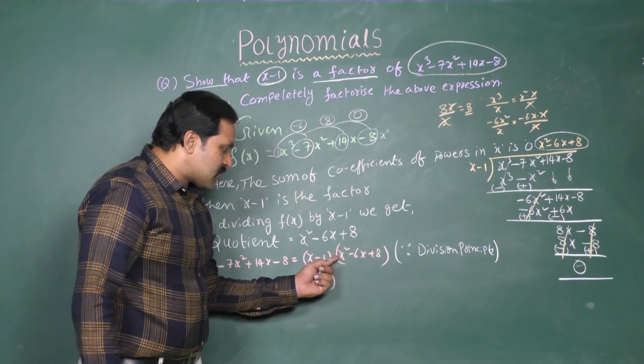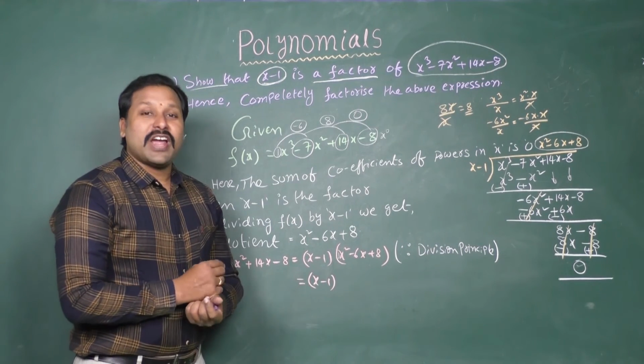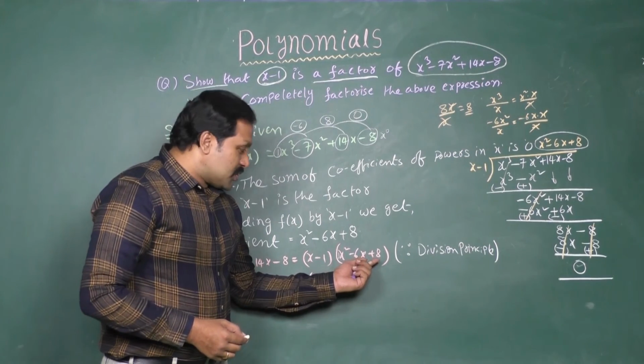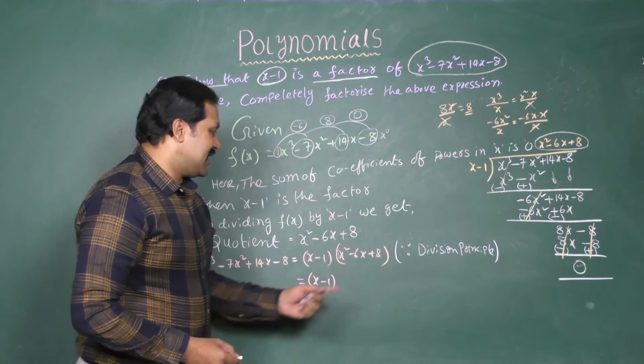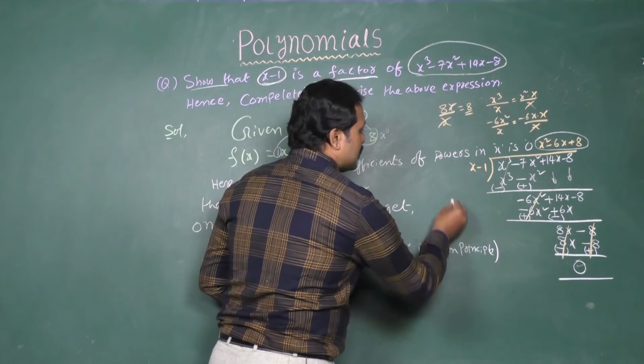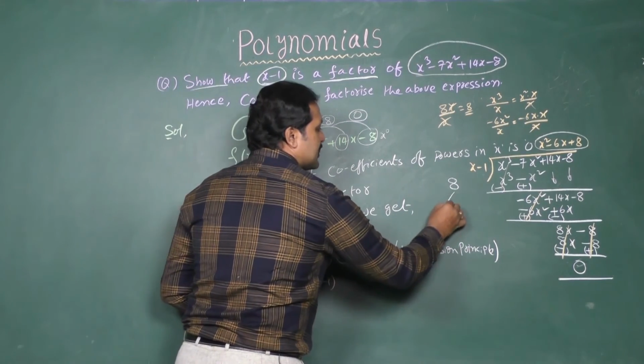If the x square coefficient is 1, then you can find their factors directly. How? First you should consider the constant 8. So 1 into 8 here. So take 8. Now find their factors.